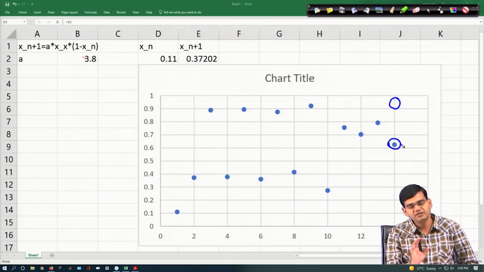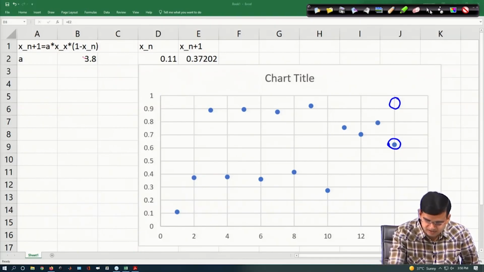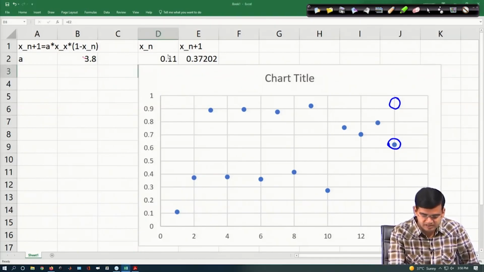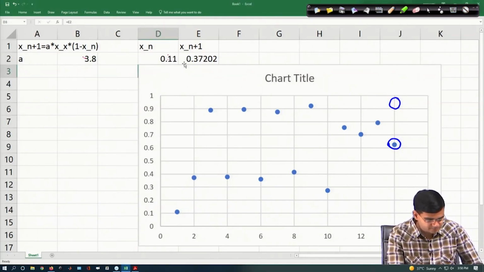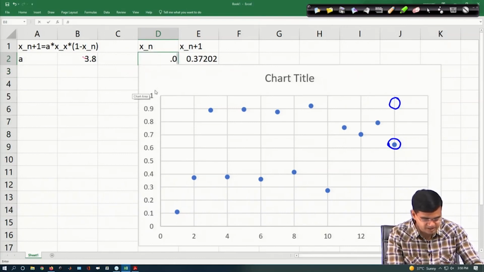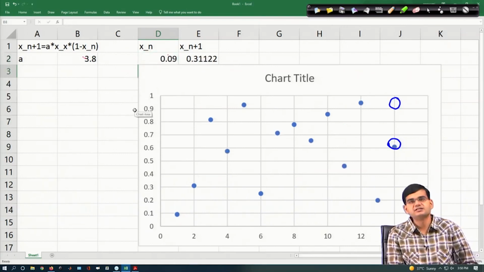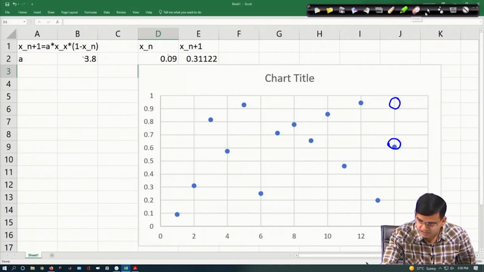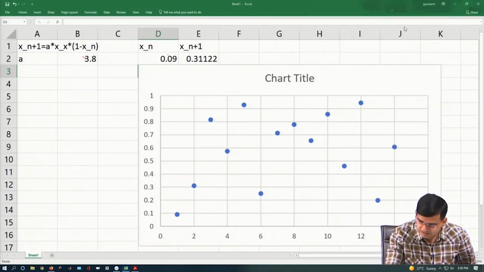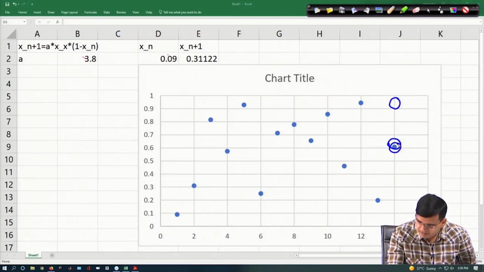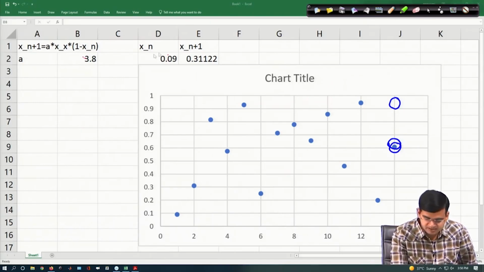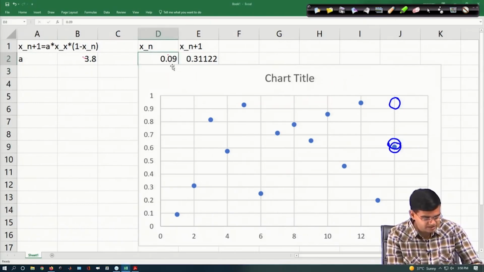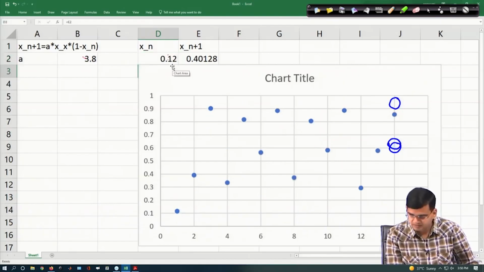I change the value by a very small number. I will do it further. Instead of 0.11, I will make it 0.09. I increased it, and again you see that your value changed. Let me do it further. I will make it 0.12.